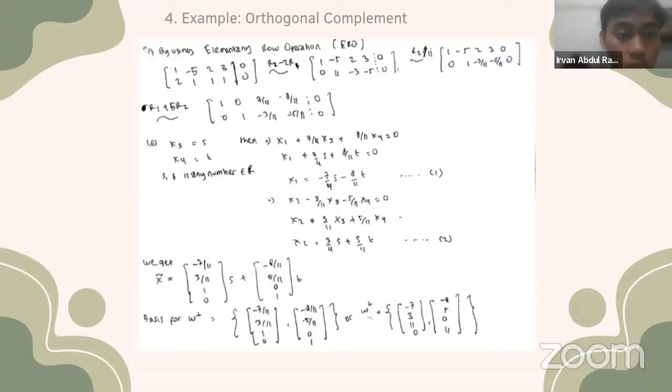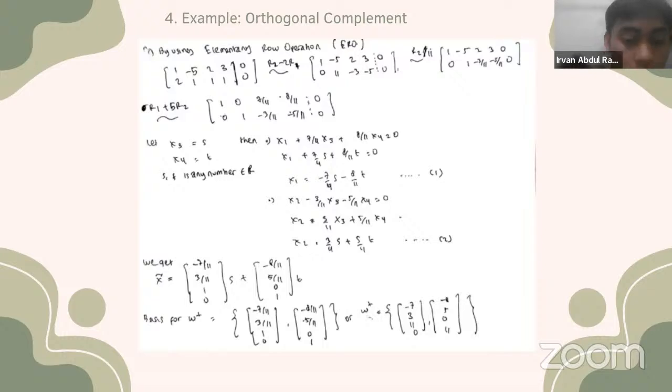We get the vector x equal to (minus 7 over 11, 3 over 11, 1, 0) s plus (minus 8 over 11, 5 over 11, 0, 1) t. Then the basis for W perp is equal to the set of two vectors from the vector x.